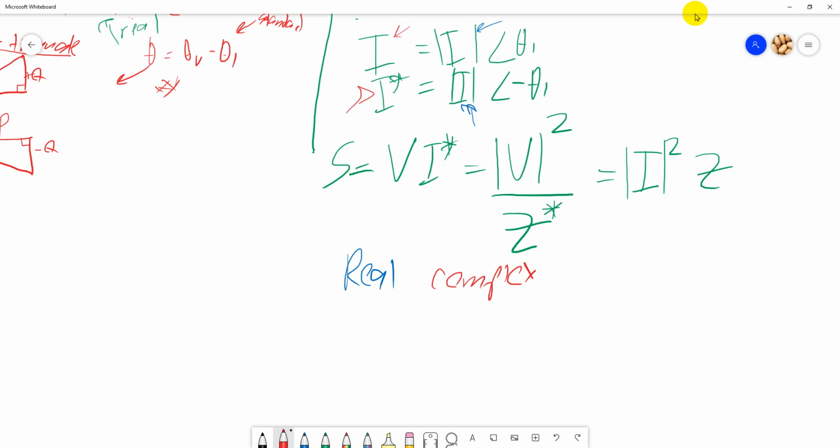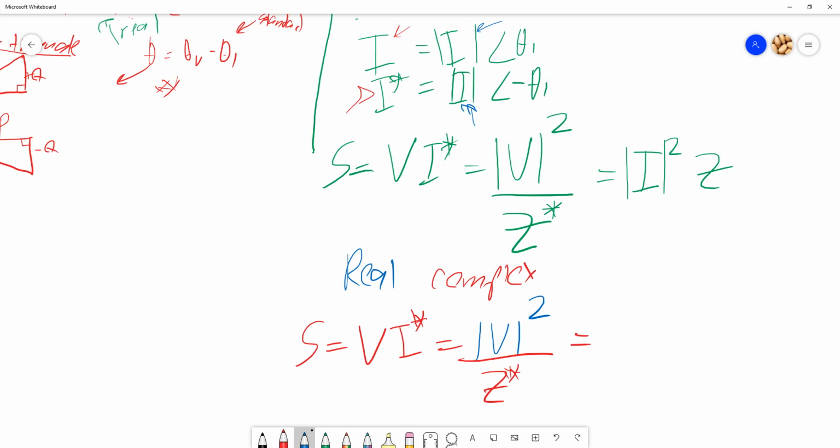A complex number has a complex component, while a real number is only the real part. So if I write this again, complex S equals VI conjugate, equals the real magnitude of V squared divided by Z conjugate, equals I squared Z. This one is complex.